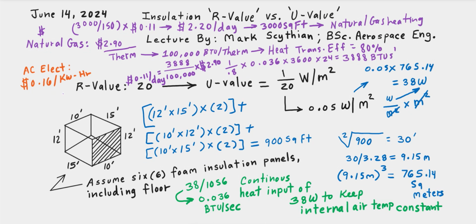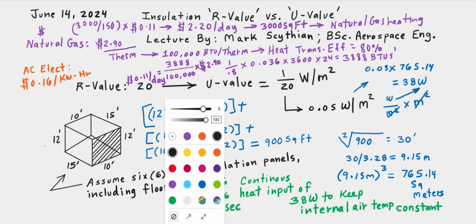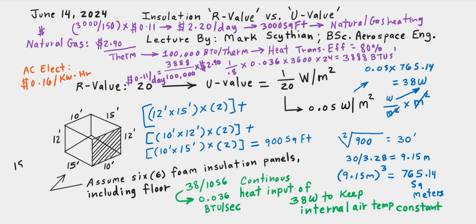Now we can compare it to the electric heat, and so that is to stabilize a air volume. So we have a certain air volume, in this case it's 15 feet by 10 feet by 12 feet.